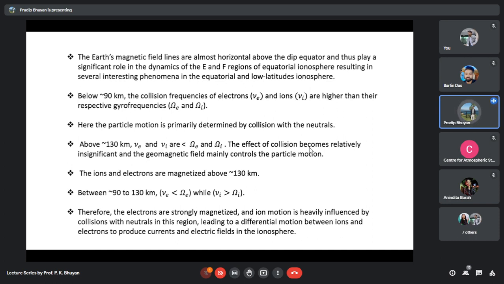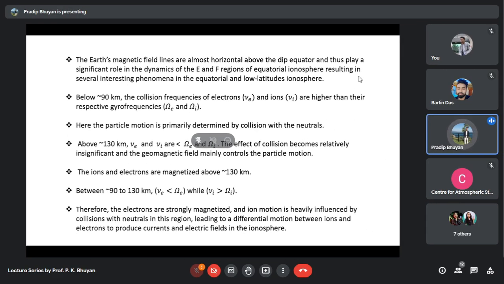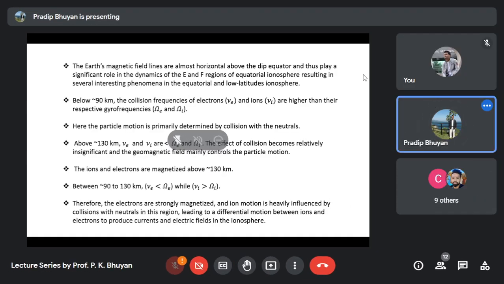At the pole, it is 90 degrees. Because the field is horizontal, the magnetic field lines give the ionosphere unique characteristics, and control the dynamics of both the E and F regions, and give rise to interesting phenomena at the equator and low latitude ionosphere, which I have already mentioned.